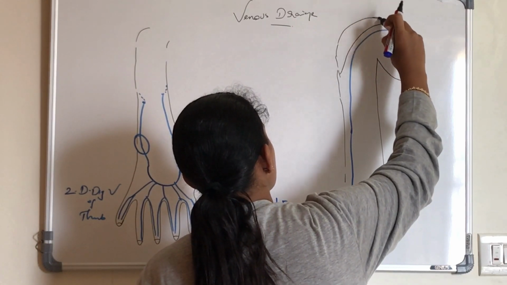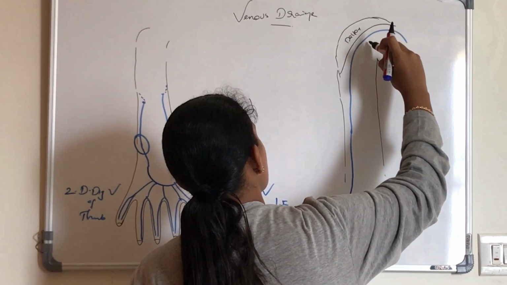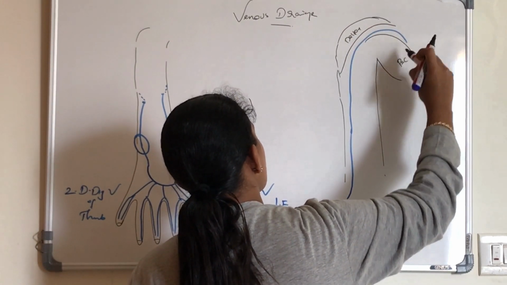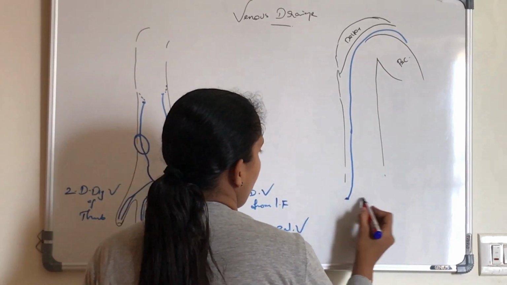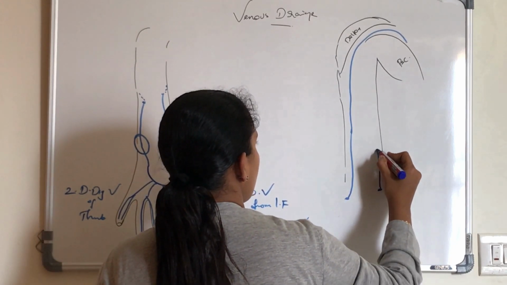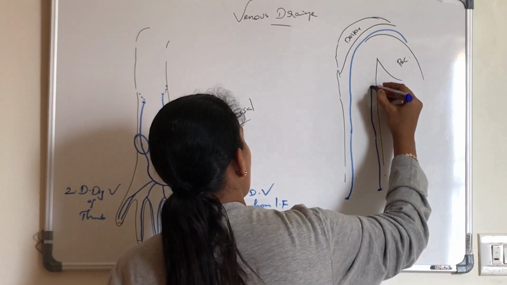This is the deltoid muscle, and below we have pectoralis major. This vein runs in the groove between pectoralis major and deltoid, called deltopectoral groove.